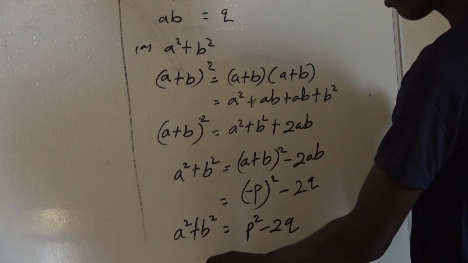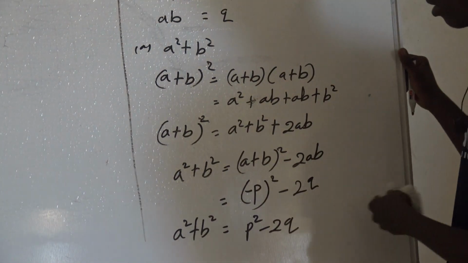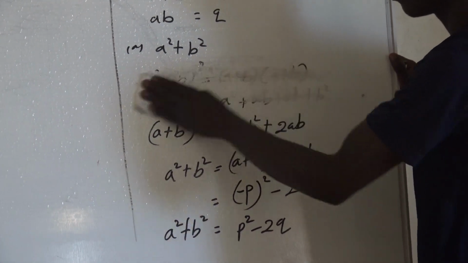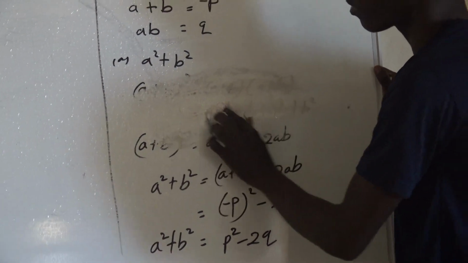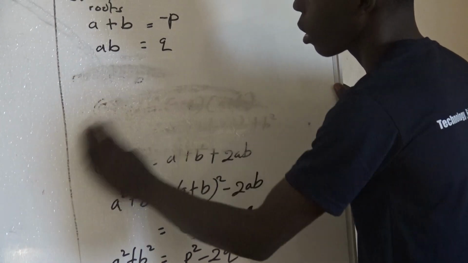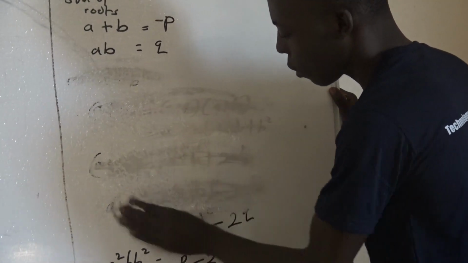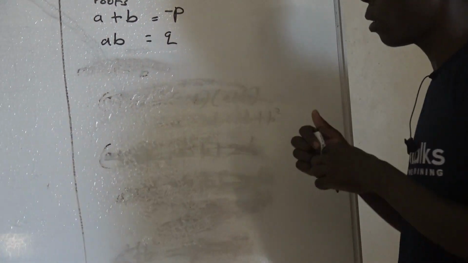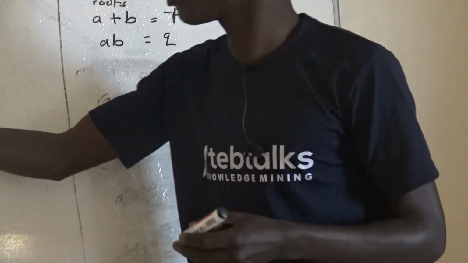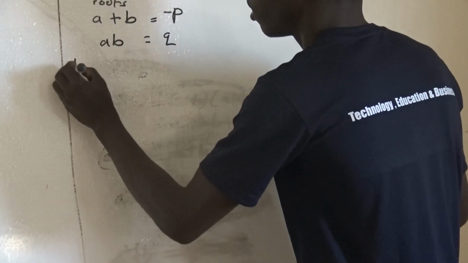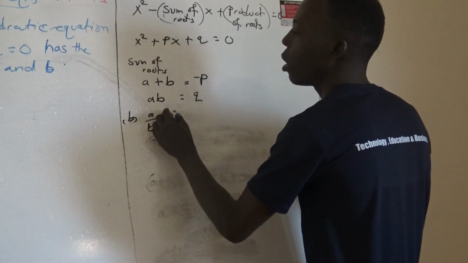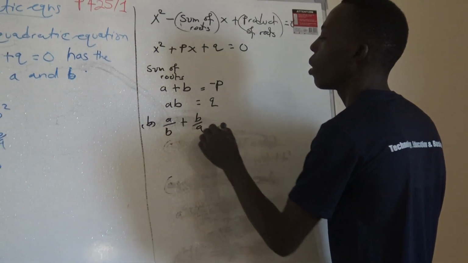Now the other question. So this is their answer. We are still on the same question, so we are continuing with part b. Now b is a out of b plus b out of a.